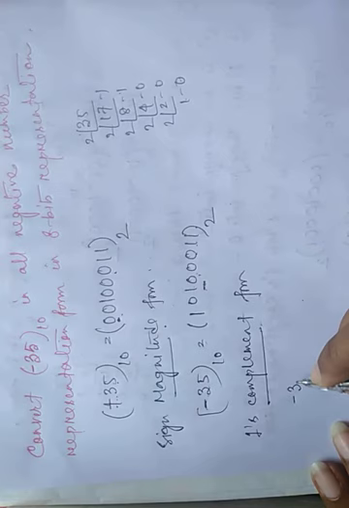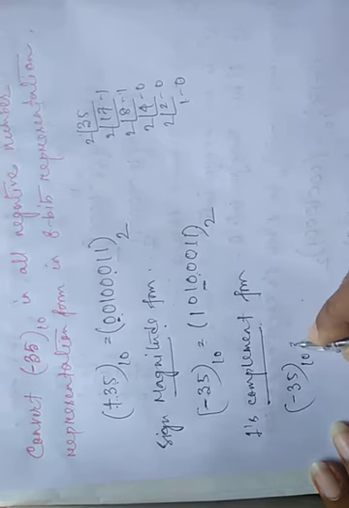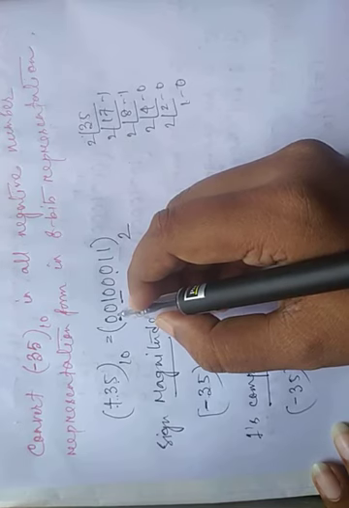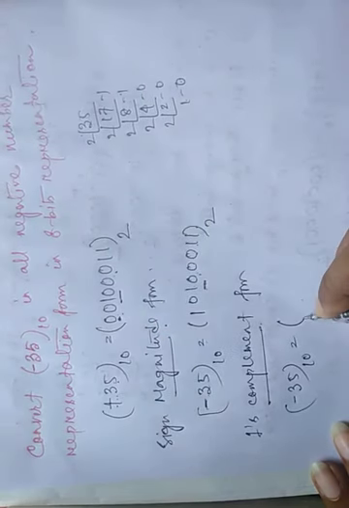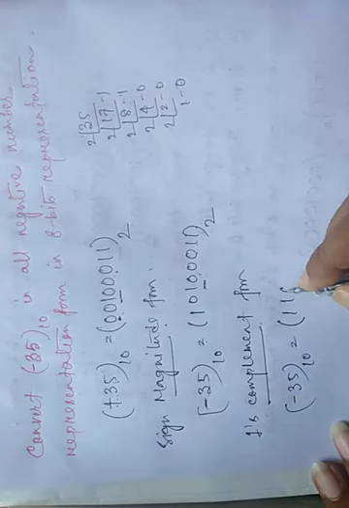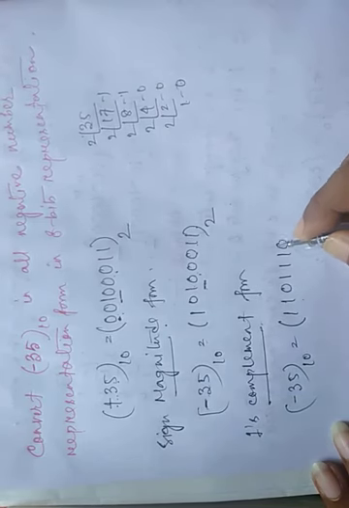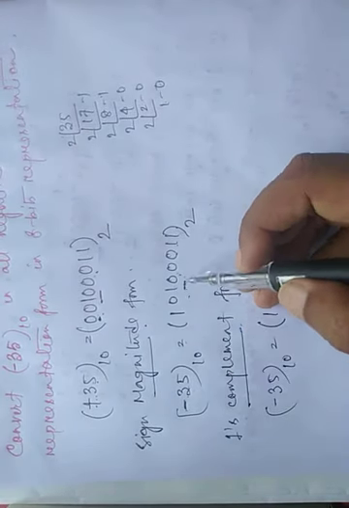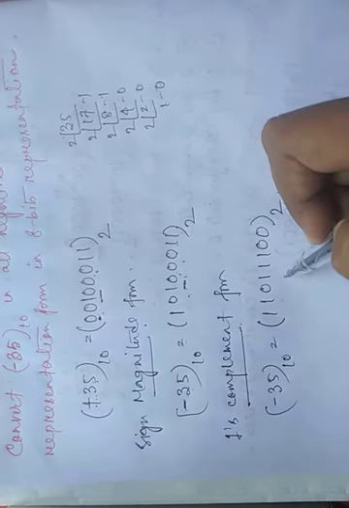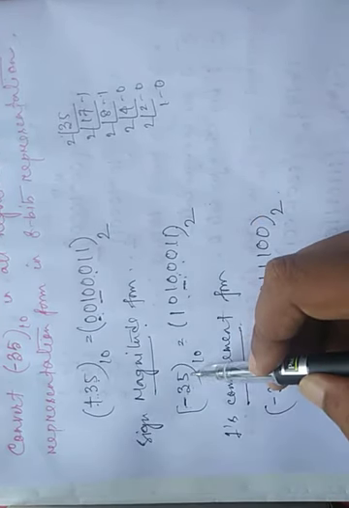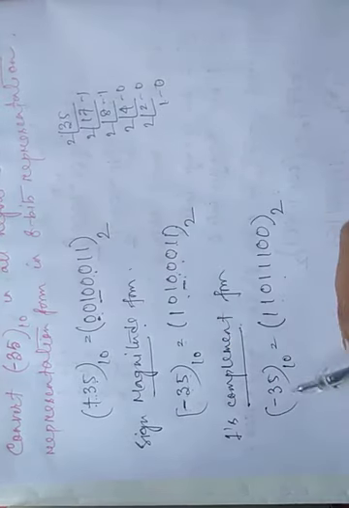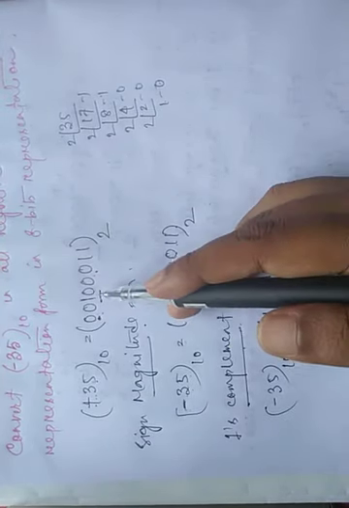Consider this value and apply the 1's complement rule: 0 into 1, 1 into 0. That means 1 1 0 1 1 1 0 0. Clear? I am repeating again: don't change the sign magnitude form into 1's complement because it is already minus 35. You change the plus 35 value into minus 35.